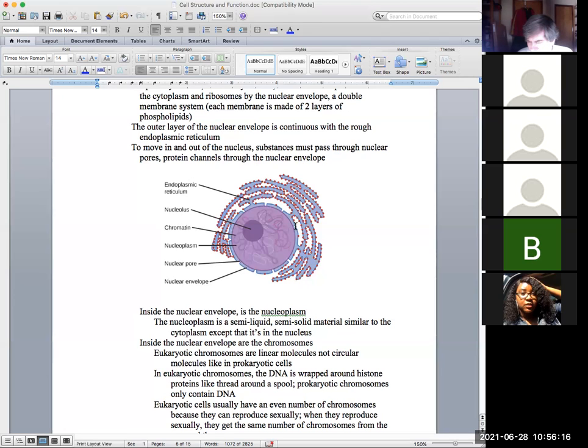Every once in a while in the nuclear envelope, if you look, you can see little indentations or little holes that go through the nuclear envelope. These are nuclear pores. This is how things get in and out of the nucleus. Now, on the inner side of the pore, there are some proteins. And the proteins kind of work like a bouncer at a club.